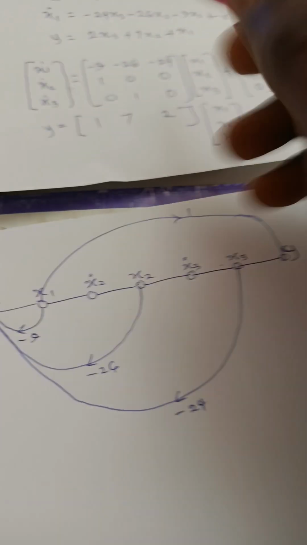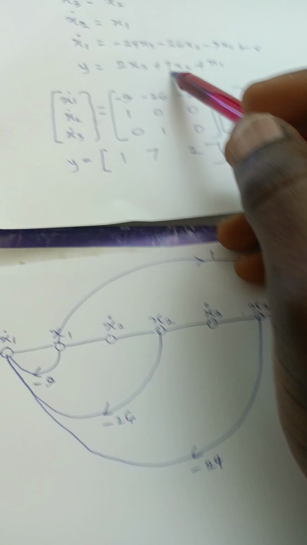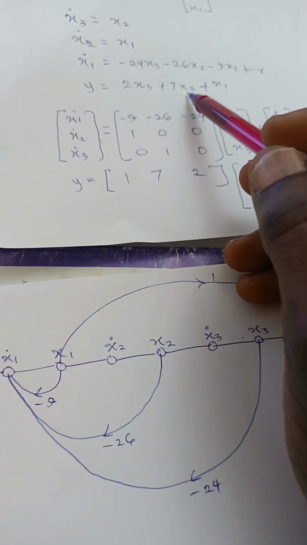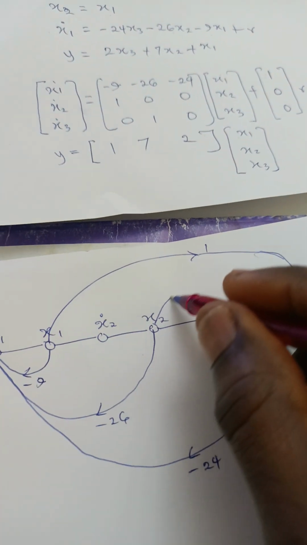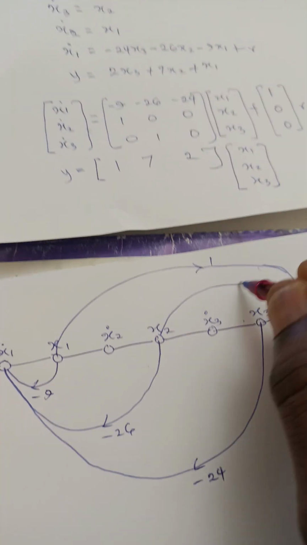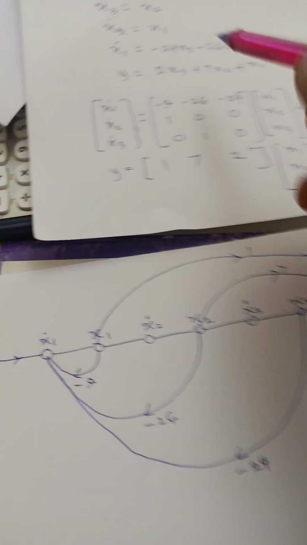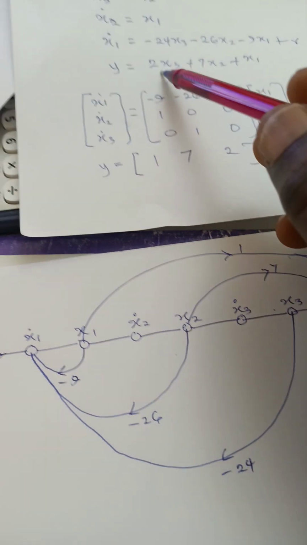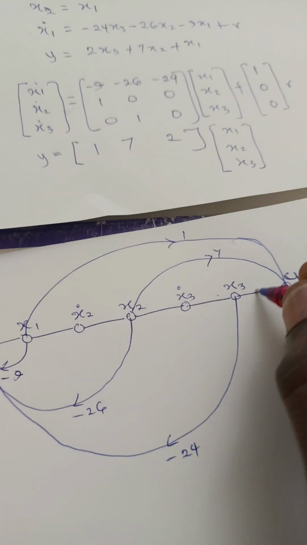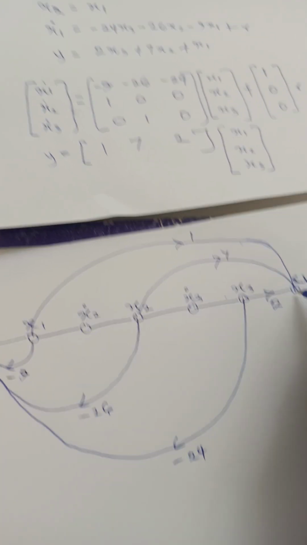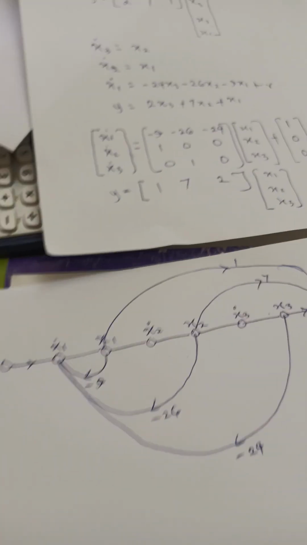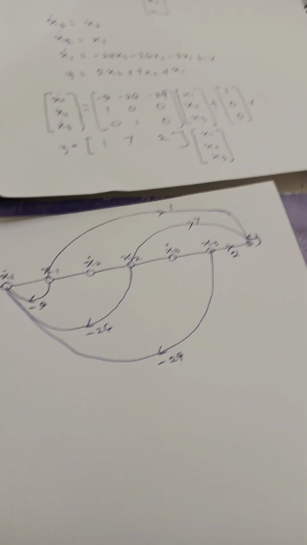Then 7x2, so 7. Then the third one is 2x3, so 2, it's already linked to it. So this is how we are going to draw our SFG for that one.